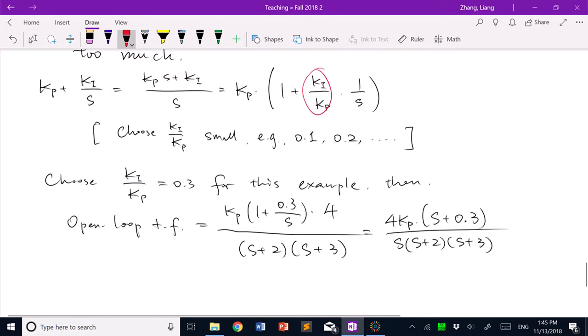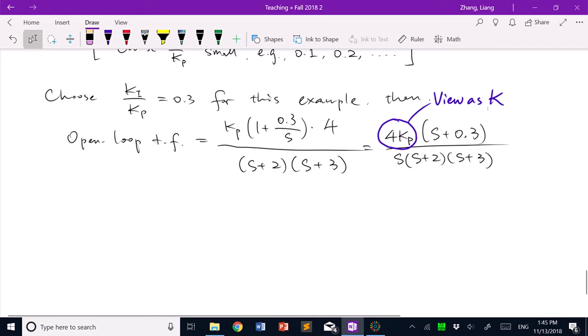One way, if you want to make things easier, you can view this as a big K, and then just divide by 4 to eventually get this Kp parameter.